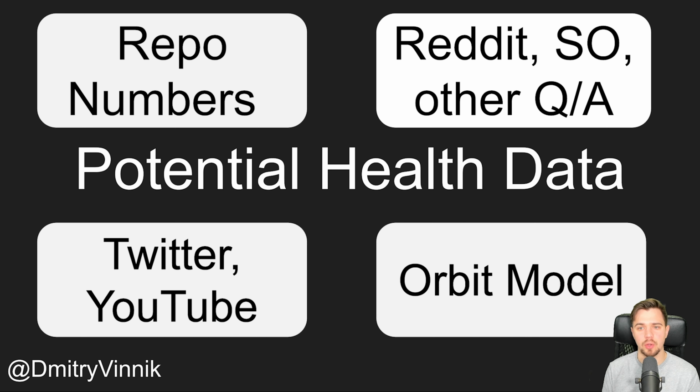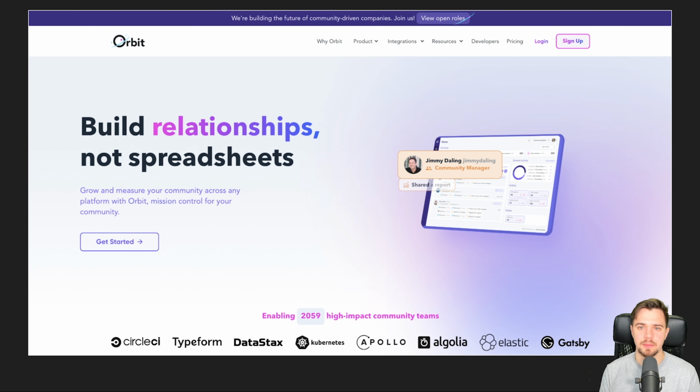And there is also something called the Orbit model. Orbit is basically the model behind this great website that helps people define some metrics and grow the community through quite prescriptive methodologies that I invite you to give a try, but I'm not going to dive deeper into that here.